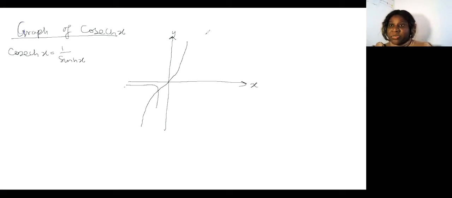Use a different colored pen. Yeah, so it's that one, 1 over sine x.